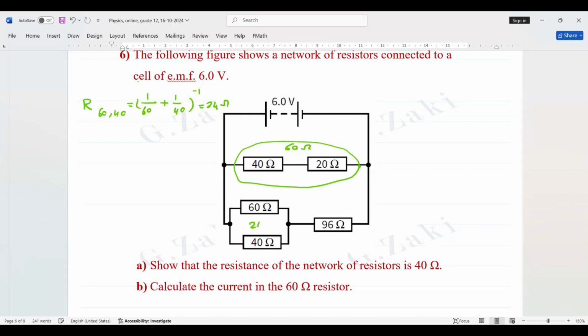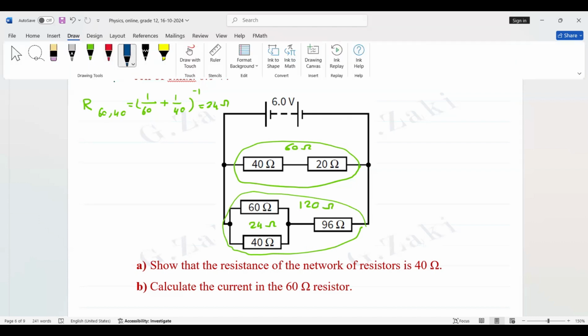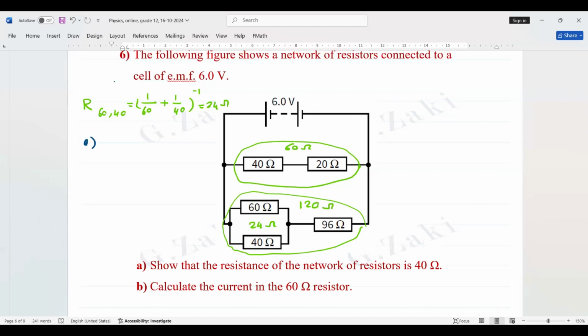24 and 96 are connected in series. Then 24 plus 96 equals 120. Then this branch is 120. Then R total, 60 and 120 are connected in parallel.